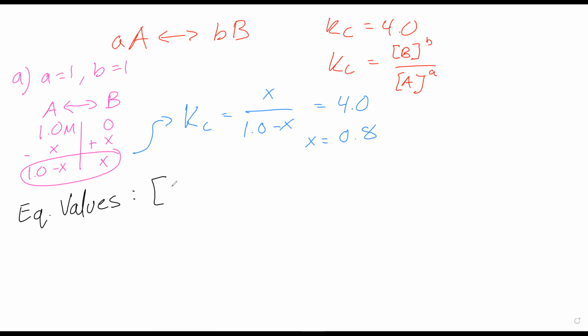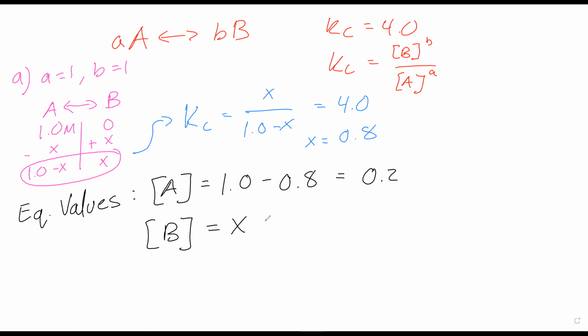The concentration of A here is going to be 1.0 minus X, which is 0.8, which gives you 0.2. And the concentration of B is just the same as X, which is 0.8. These two are your final equilibrium values.